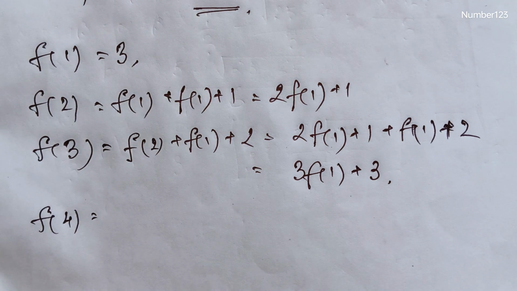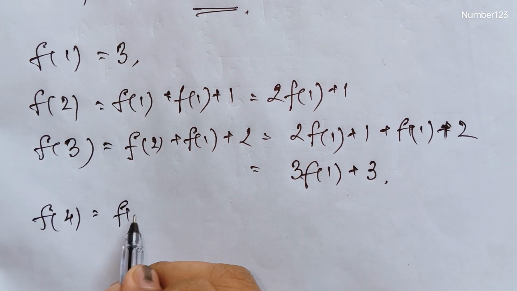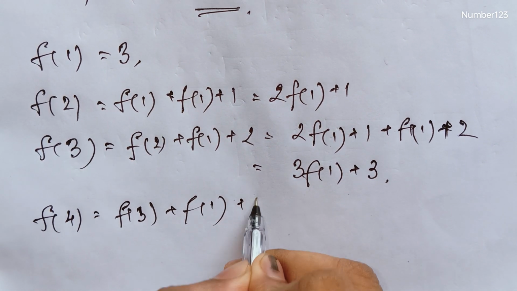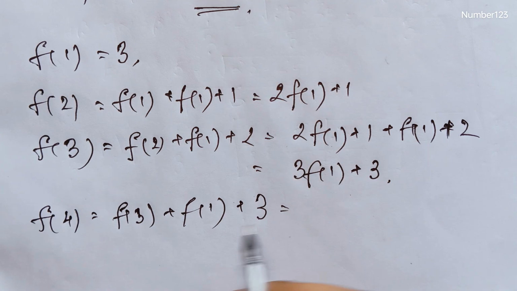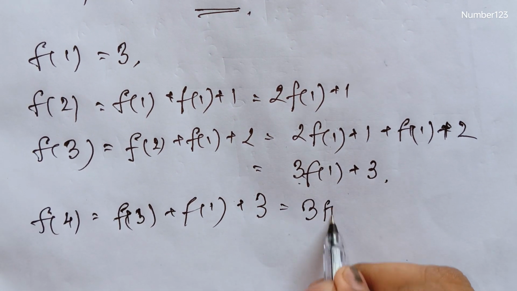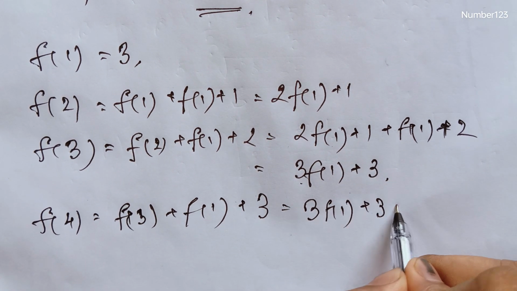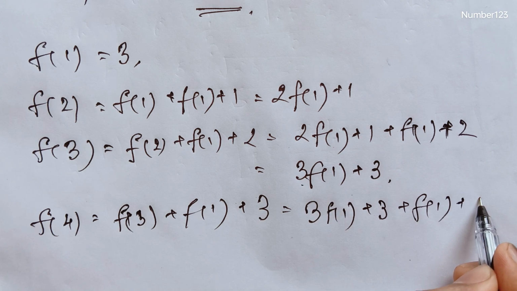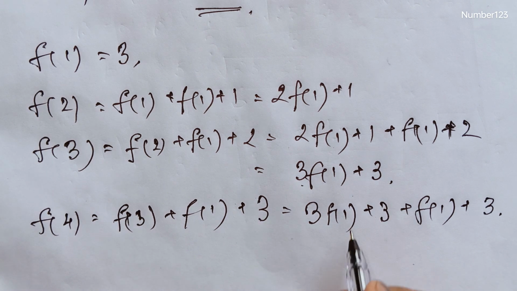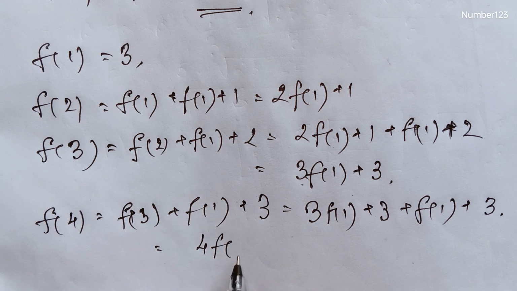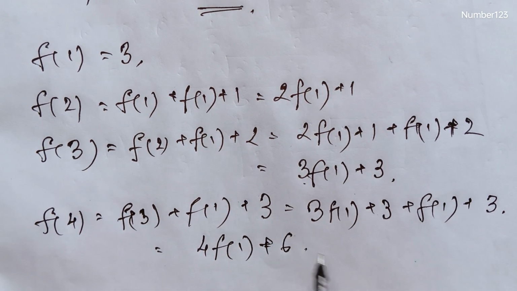Next f(4). f(4) means f(3) + f(1) + 3. Now f(3) means 3f(1) + 3, so we can write 3f(1) + 3 + f(1) + 3. Therefore the value of this is 4f(1) + 6.